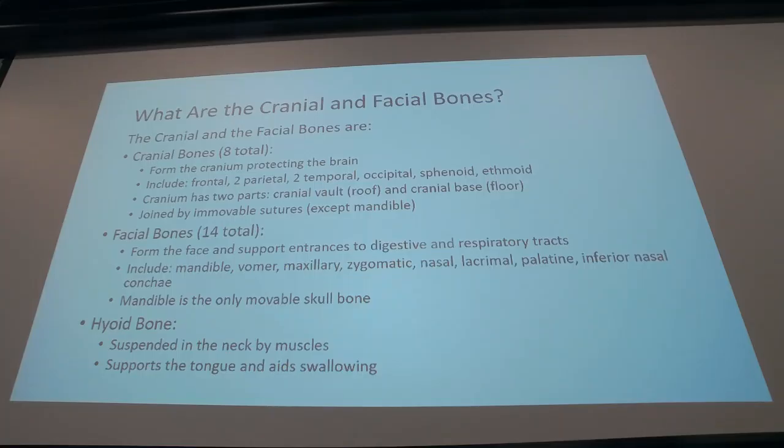Zygomatic, the cheekbones. Nasal bones, these ones that form the bridge of our nose, our roof. Lacrimal, which are internal in our orbit, a little bit superior to the bridge of our nose.